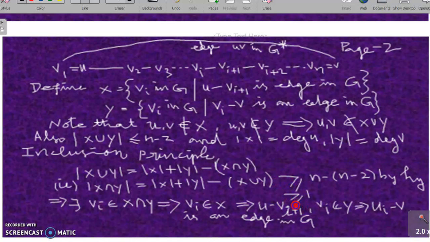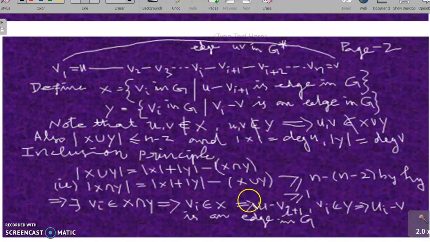That is, the absolute value of X intersection Y is greater than or equal to 1, which implies there should be at least one vertex belonging to X intersection Y. This implies Vi must belong to X as well as to Y. By our definition, if Vi belongs to X, then we will have this edge, and Vi belongs to Y implies we will have this edge. So this is an edge in G.